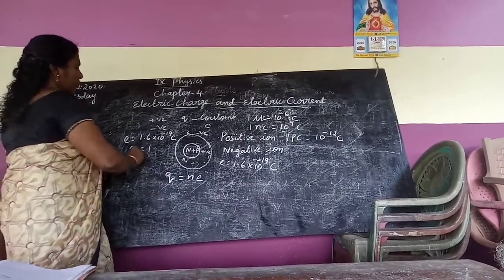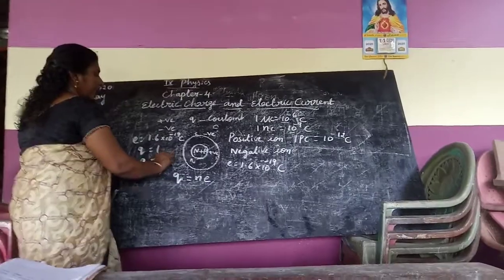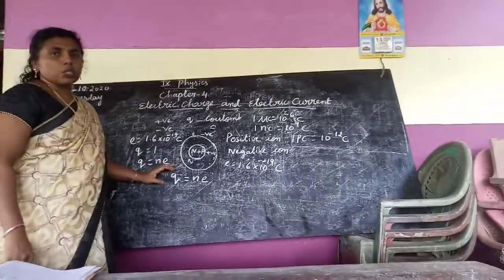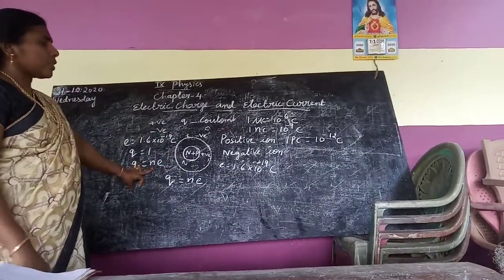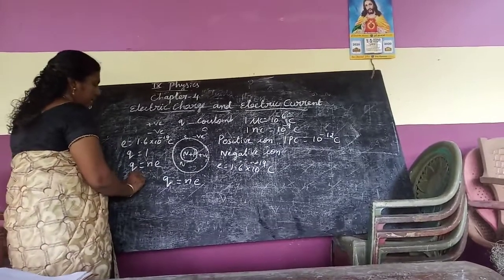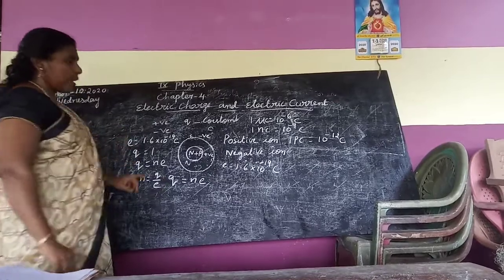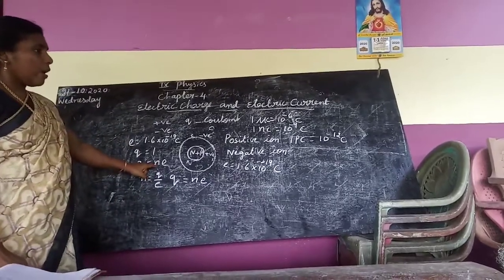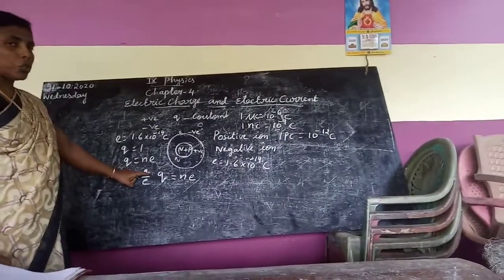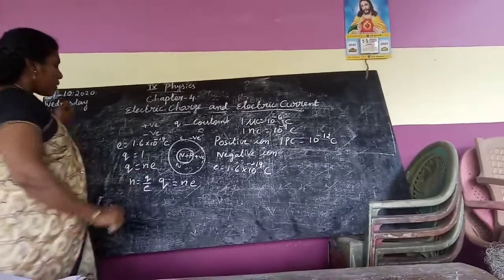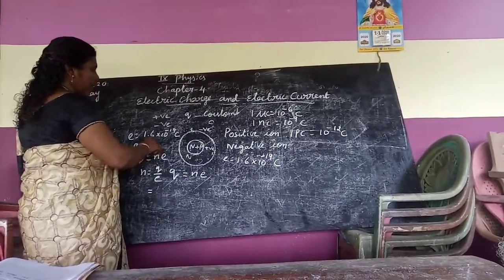Then you have to use the formula Q equal to N E. From this you calculate the N value. So N equal to Q divided by E. Just substitute the values.